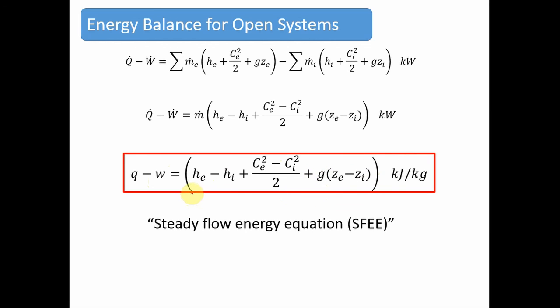This equation is known as the steady flow energy equation. This is the energy balance for open systems which have a single inlet and single outlet, as well as the process being a steady flow process.